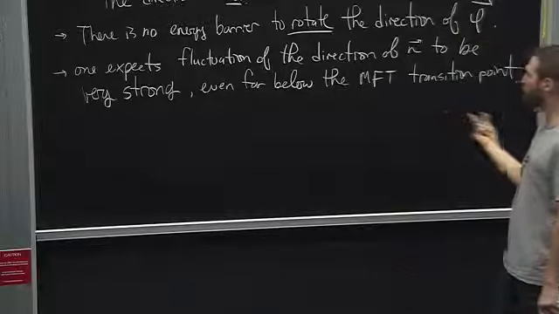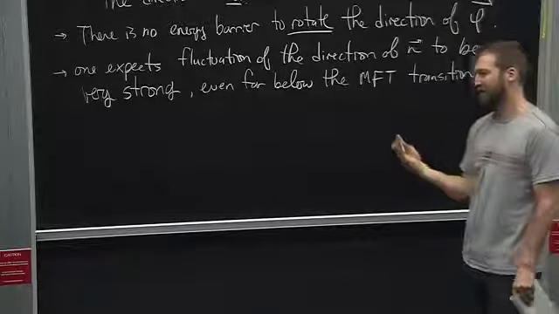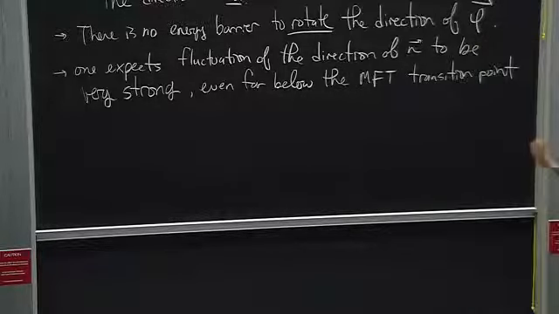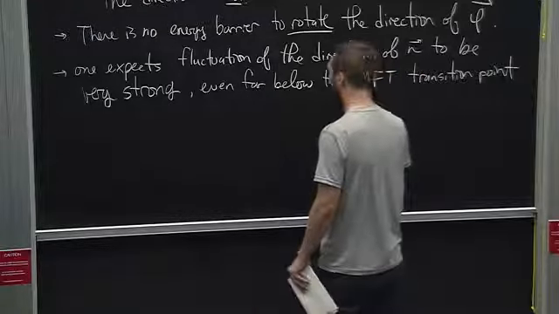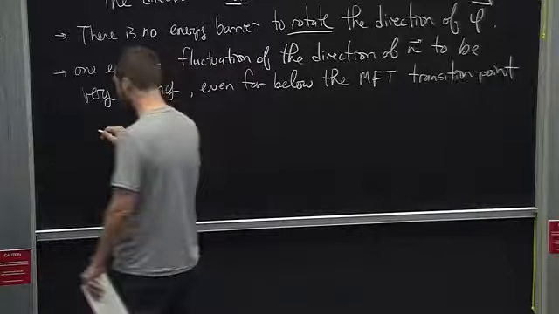And far below the mean field transition, this rho is like your magnetization. So far below the transition point, that rho is essentially fixed.